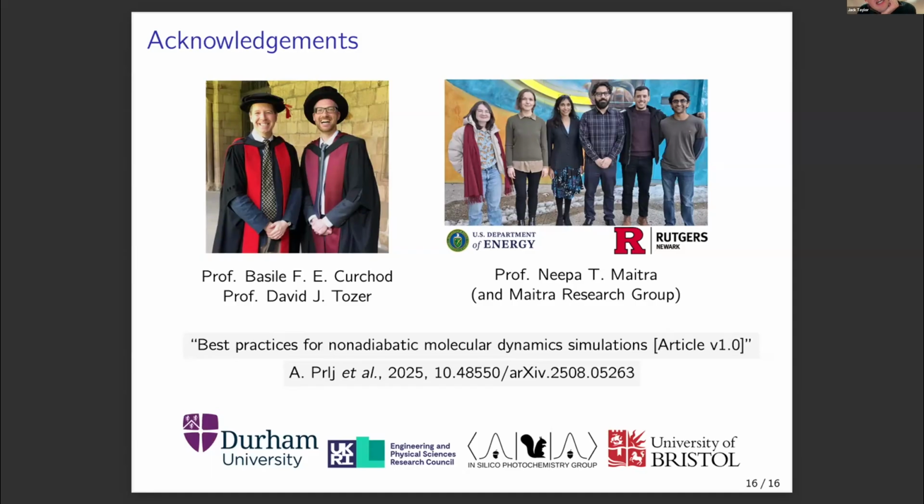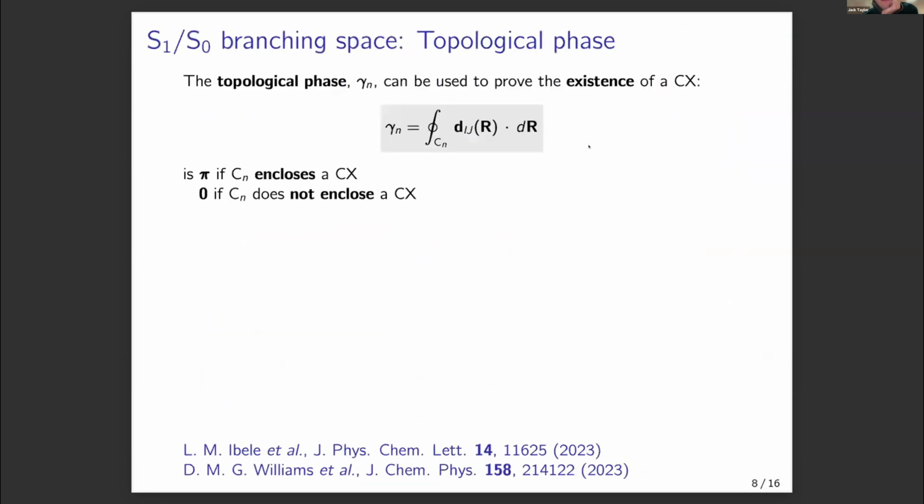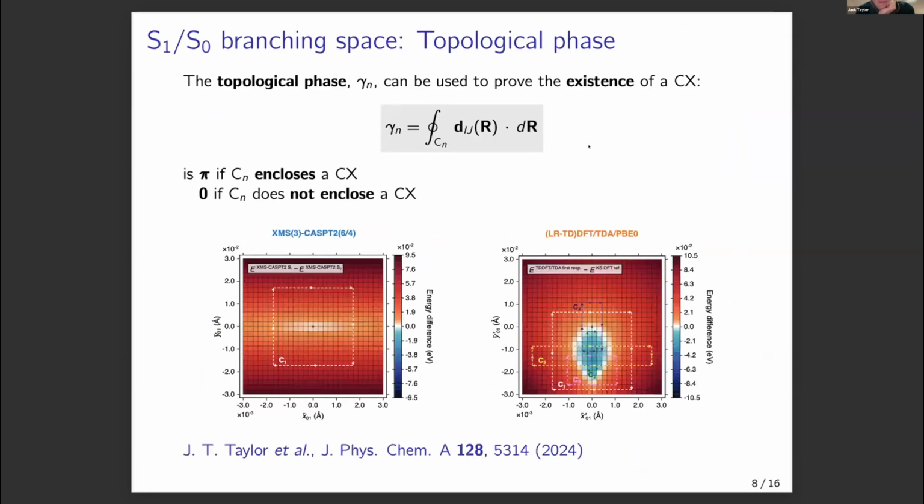My understanding is that yes, you could add a shift to the energy, but that would not affect this quantity here, the nonadiabatic coupling vector. And I would guess the nonadiabatic coupling vector has a much stronger dependence on the quality. It seems almost slightly like cheating.